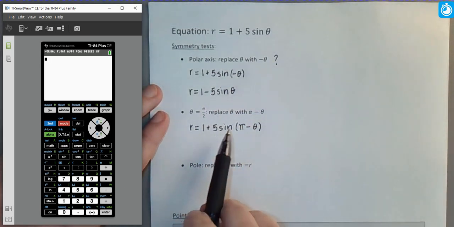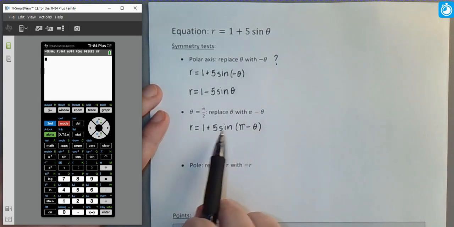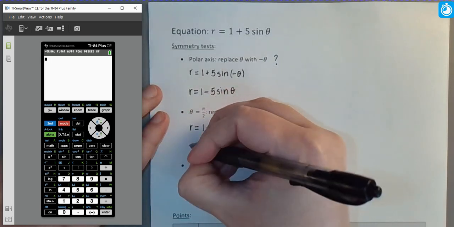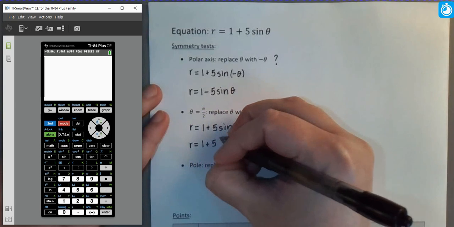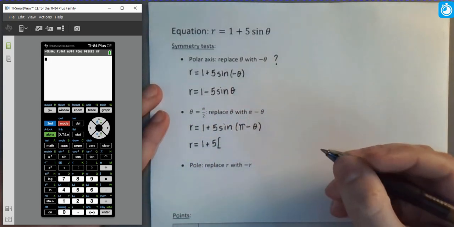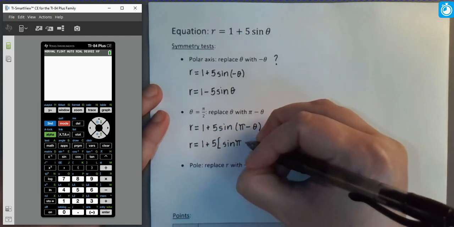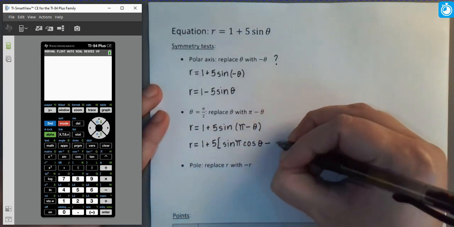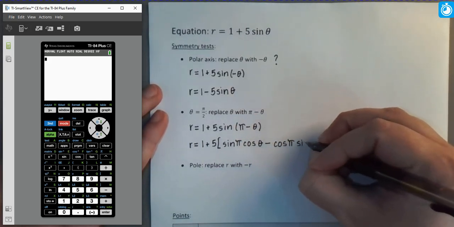Now, in order to simplify in this case, I need the sum difference rule for sine in order to execute the sine of this difference. So if you recall, the difference rule for sine says that the sine of a difference is going to be the sine of the first angle times the cosine of the second angle minus the cosine of the first angle times the sine of the second angle.